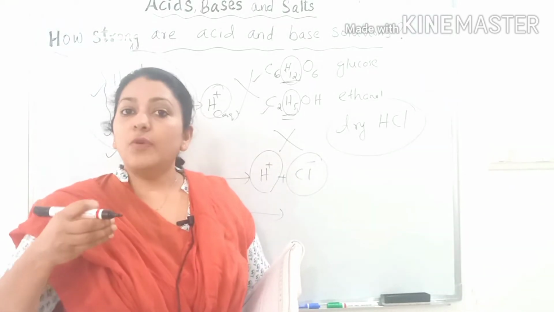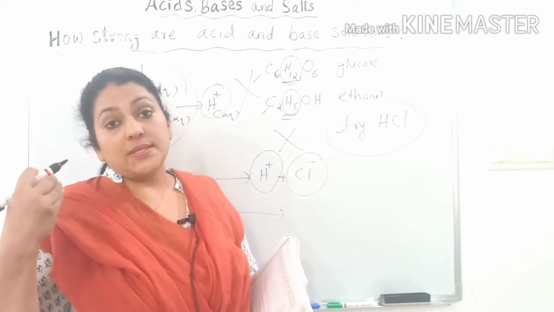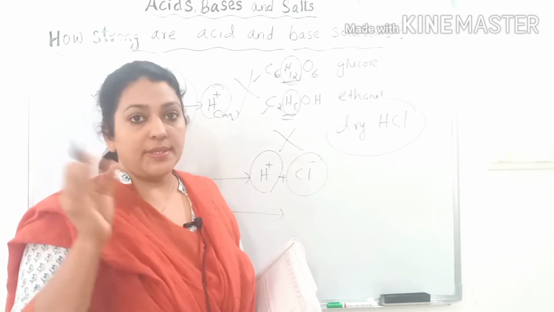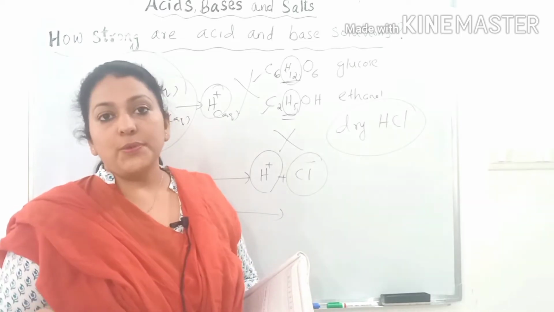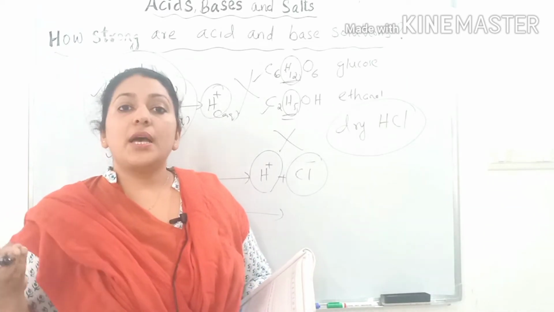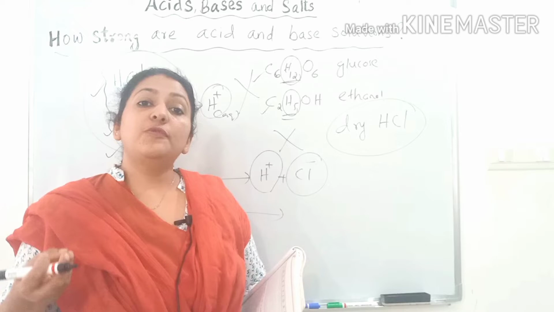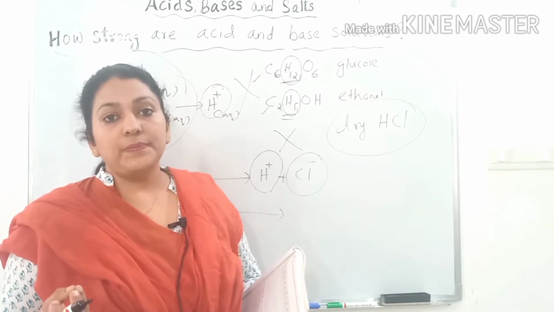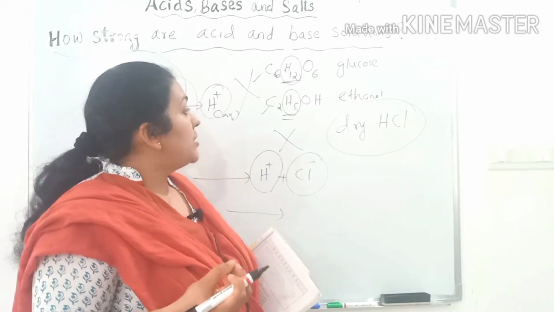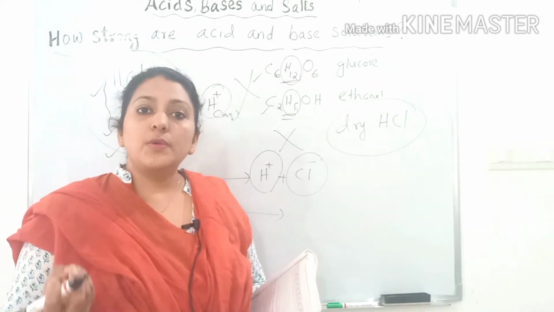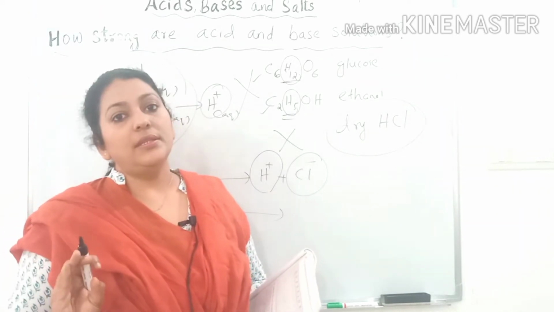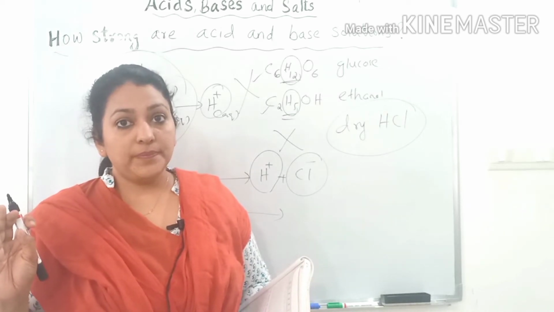Only in presence of water, these gases or acids can release hydrogen plus ions, okay? And H plus ions are the reason for acidic nature. So in the case of dry HCl, they cannot produce H plus ions until they are dissolved in water. Is that clear? Okay.